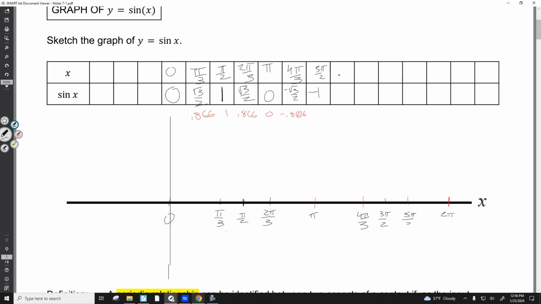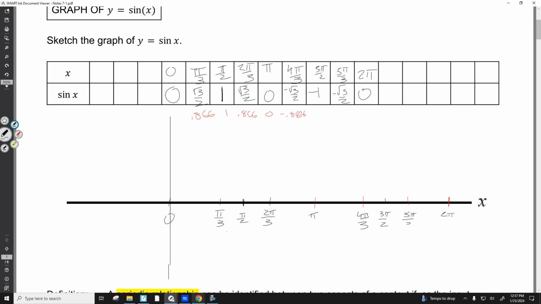What's the sine of 5 pi over 3? Negative root 3 over 2. What's the sine of 2 pi? Everybody, think about it and then tell your neighbors. 0.